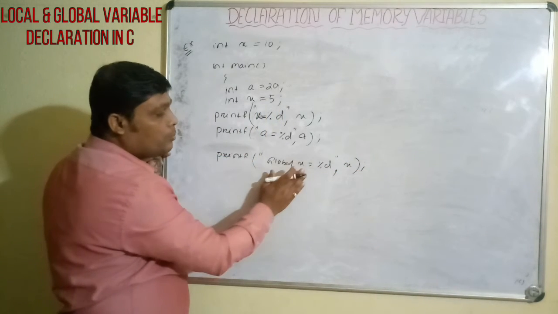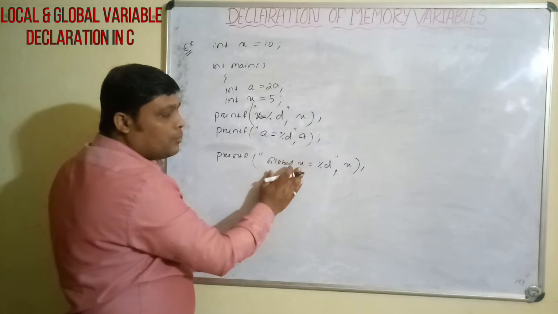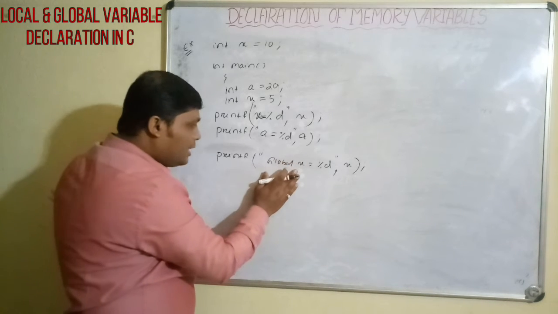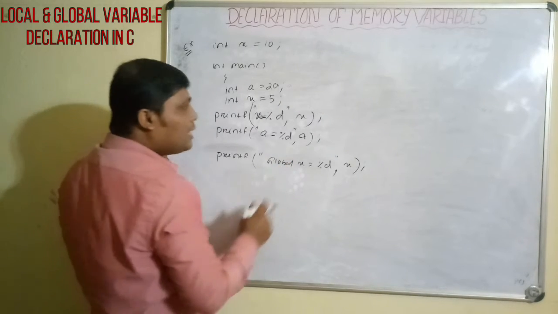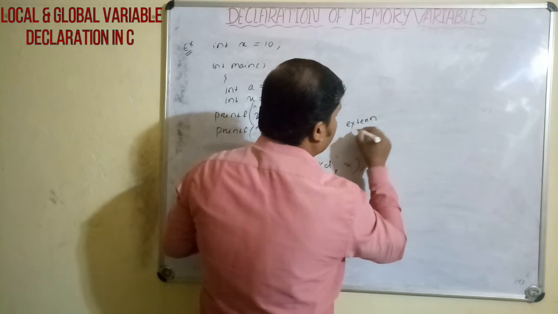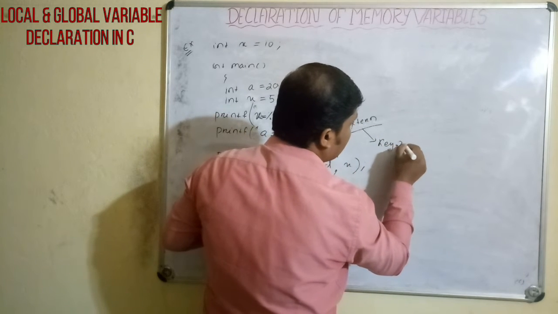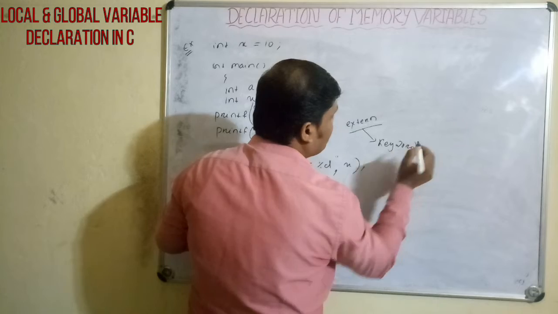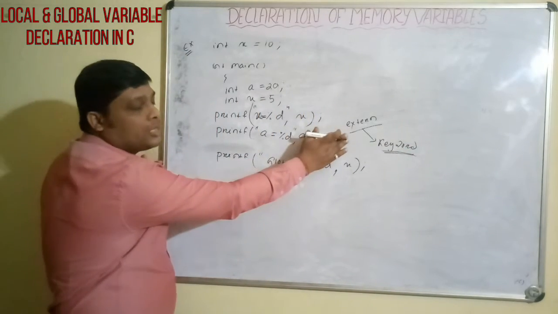How will I print this global variable x, the value of global variable x? To print this global variable x, I have to use another keyword, that is extern. Extern. This is a keyword. Clear? This is the extern keyword.